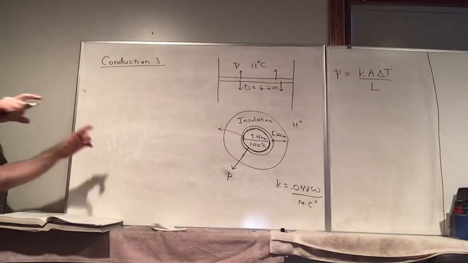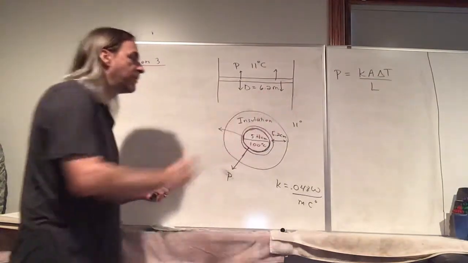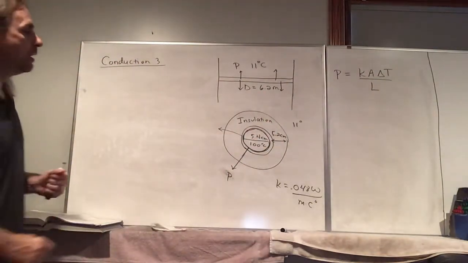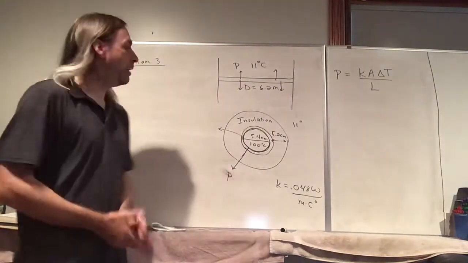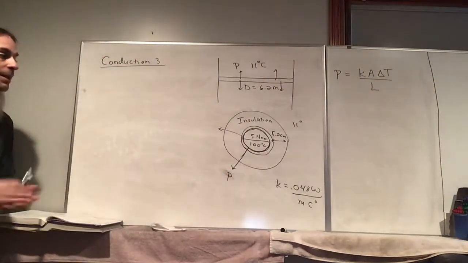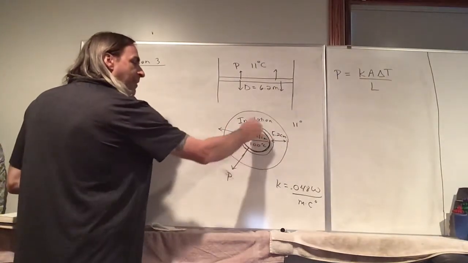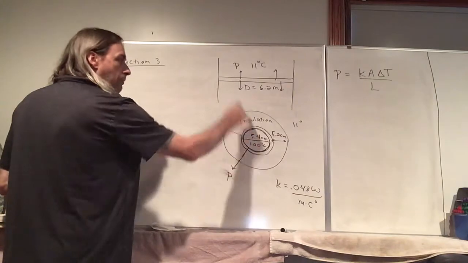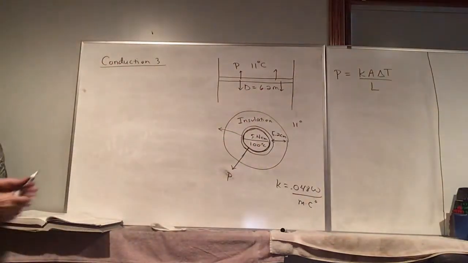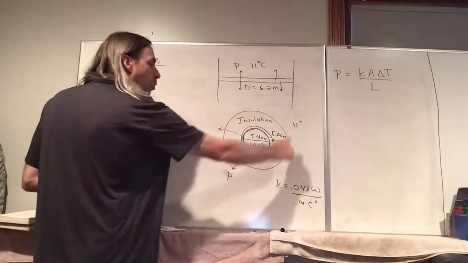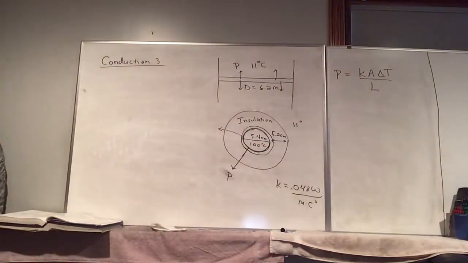Or we have basically a cylinder here. So we have a length coming out of the board of 6.2 meters. And you can picture like a cylinder, just unroll it. And we have essentially a rectangle. And so if we look at near the pipe, we're going to have this area here, this circumference times the length. But if you look at the outer edge, we're going to have a much greater cross-section area that it's passing through.